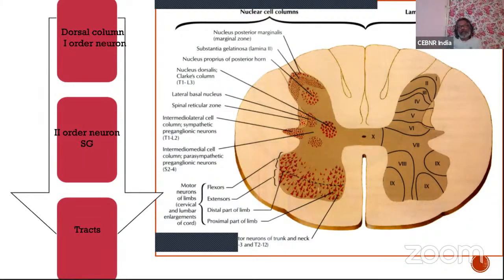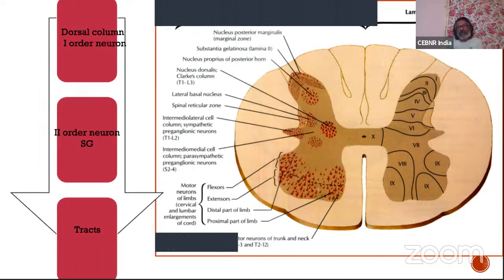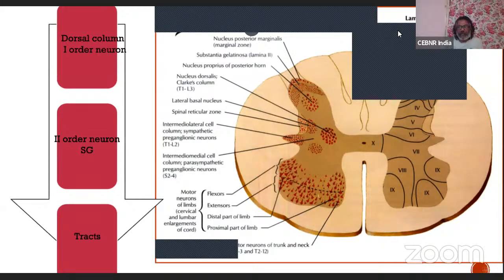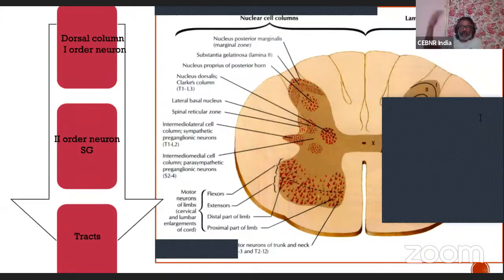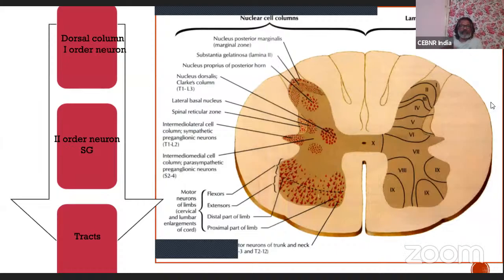Am I understood? Now, sometimes the substantia gelatinosa itself, the second order neuron itself, can say that that's all right. You don't have to go upwards, right? That is, you don't have to activate your tracts. It can modulate at this level itself.